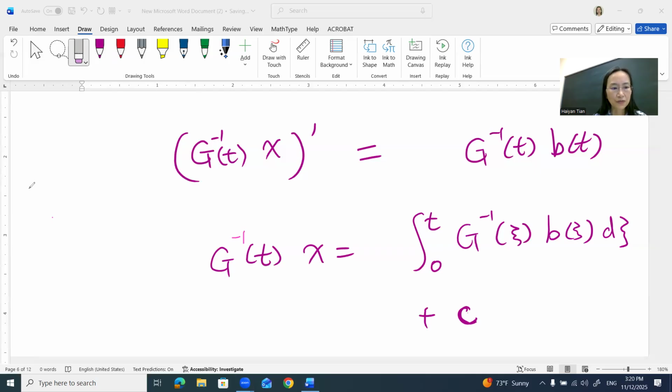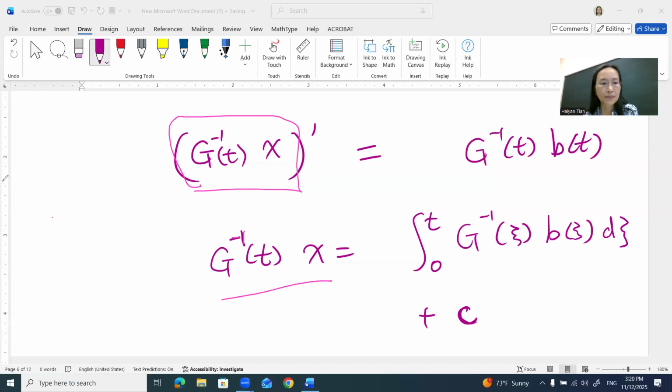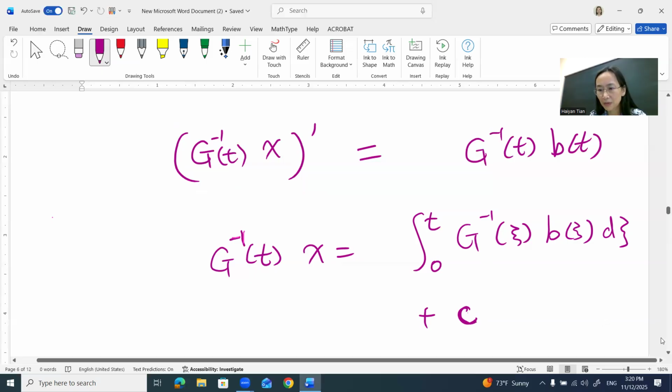So this is the quantity inside, the whole thing, and by doing the antiderivative we can find this quantity. Our goal is to find x, the solution for the non-homogeneous problem.